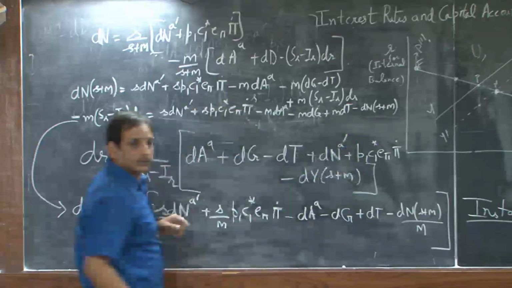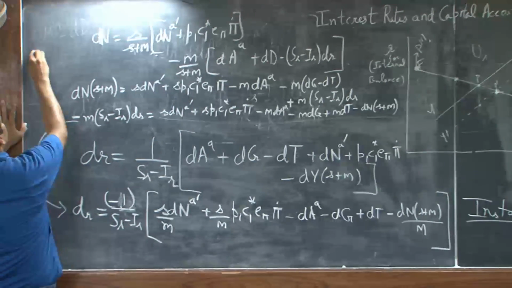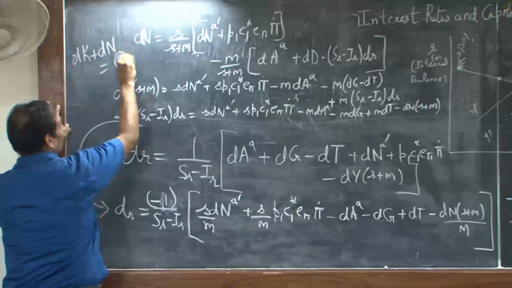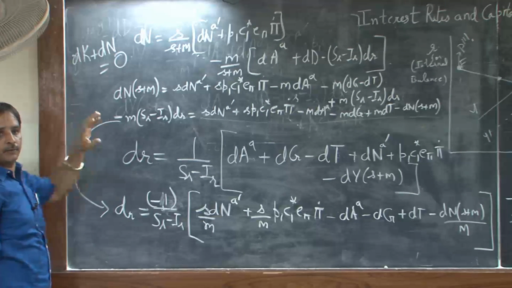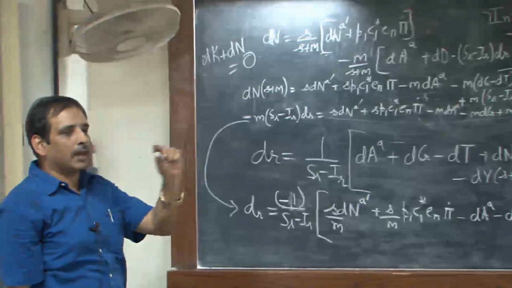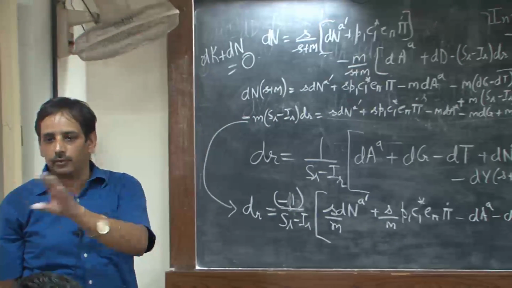with the dn term going there, and remember dk plus dn is equal to 0, because if you are on the FF curve, k plus n is equal to 0, that is the capital account balance plus the current account balance is equal to 0.